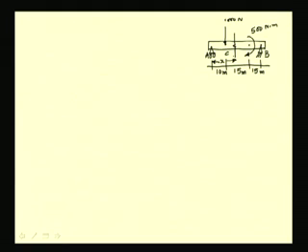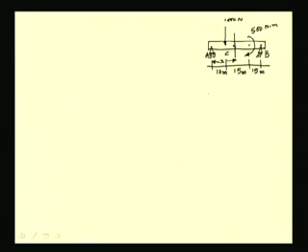How do we proceed? We first construct the free body diagram of the complete beam to determine the external reactions. So, let us draw the free body diagram. At A, we have a roller support.